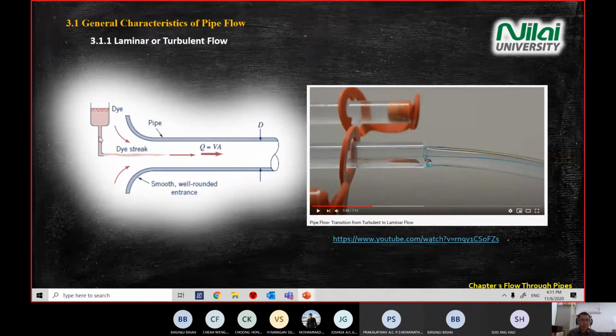In this experiment we have a flow from left to right, and to monitor the behavior of the fluid, we inject some watercolor or dye so that we can see the flow. In this diagram, you will see that the flow is in a very thin line. This is called laminar flow. Turbulence means it will mix up, and then the color of the fluid will become totally blue.